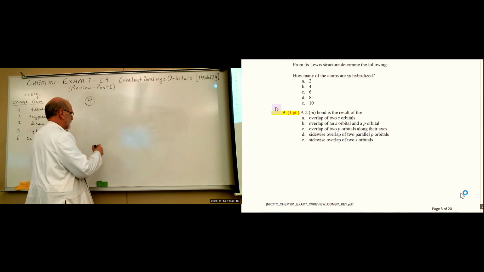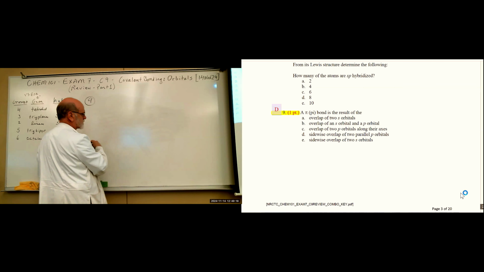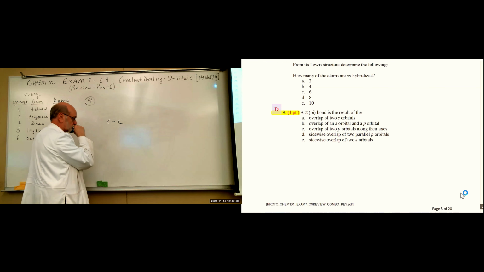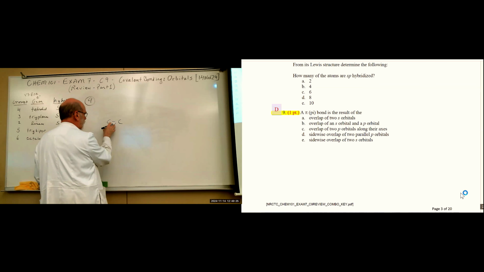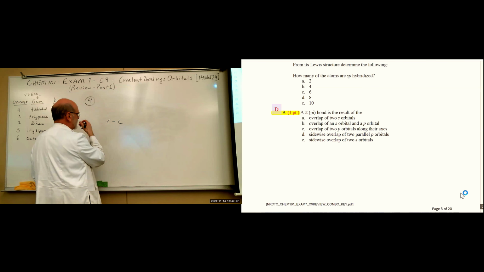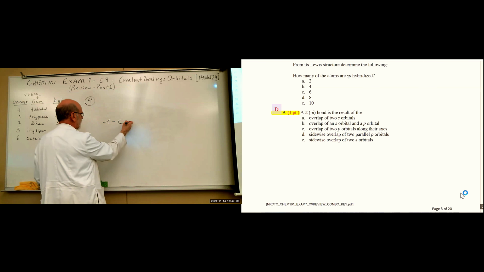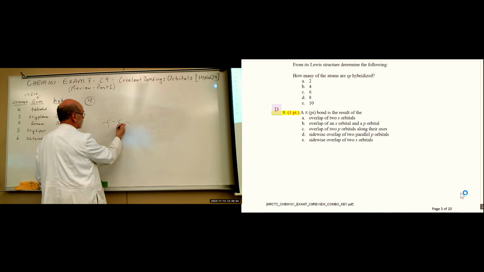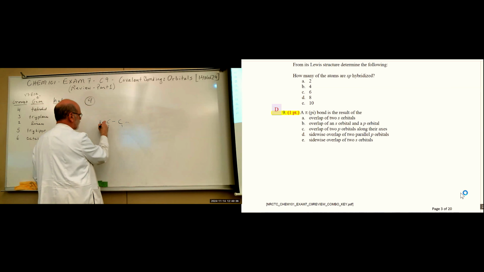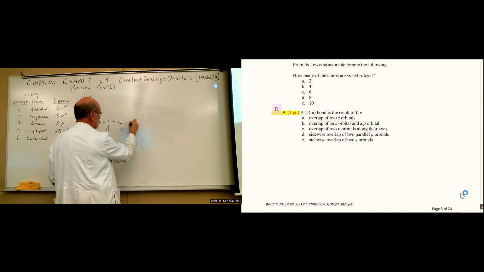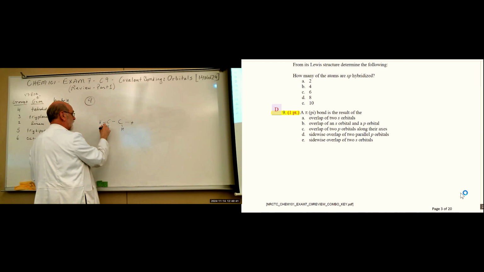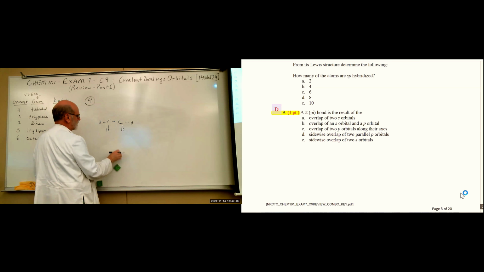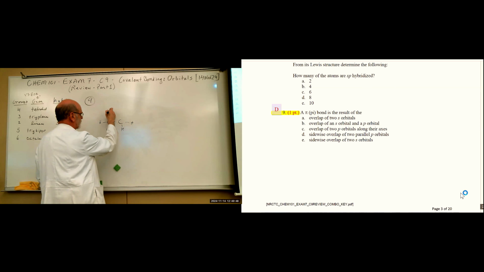A pi bond is the result of... Okay, how do we get a pi bond? We have 2 atoms. Let's just, for convenience, say they're 2 carbons. If we have these 2 carbons attached to one another, and say they're attached to hydrogens, trying to use a real example, then we should have, let's see, 2, 4, 6, 8, 10.